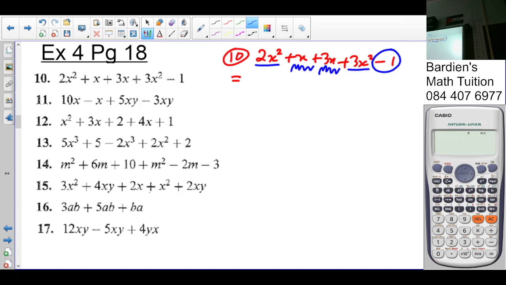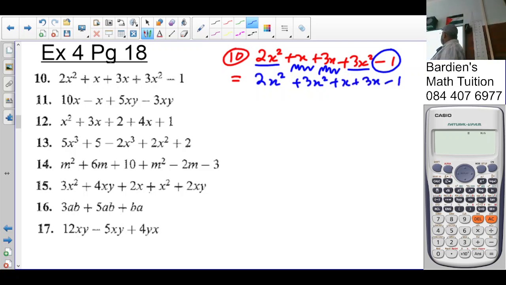Right, Michael, talk to me. No, try. So it was straight on the board. What is 3x squared plus 3x squared? 4. Okay, let's rewrite it. We rewrite it, what's going to be? 2x squared plus 3x squared plus x plus 3x minus 1. So those two go together.